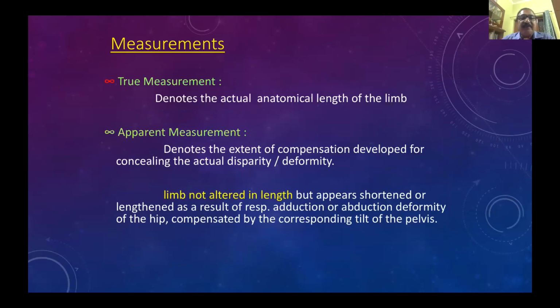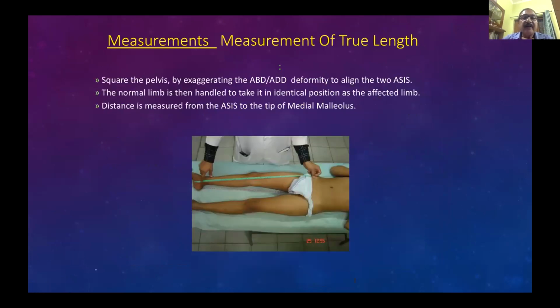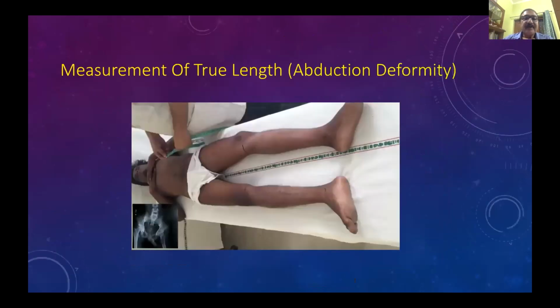Measurements are of two types: true measurements and apparent measurements. Apparent measurements are taken in whatever position the patient is lying. From any central point of the body, we measure to the medial malleolus without squaring the pelvis. In the true length, we square the pelvis, by the method I showed you already, and then measure the length. Like in this patient, I'll show you one example only.